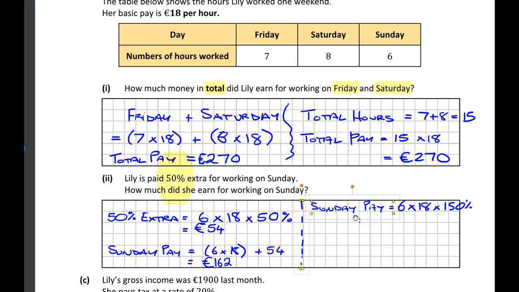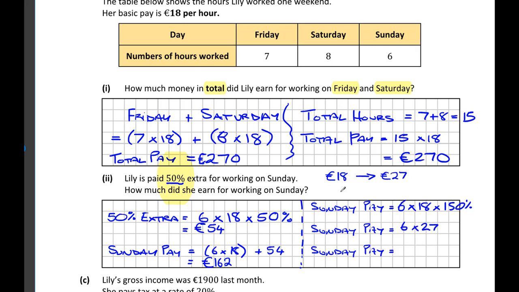All right, the other way to do it, I'm going to show you 2 more ways perhaps. Another way, well, it's 50% extra. So if you're earning €18 per hour, what's 50% extra? Well, half of 18 is 9. So you're going from €18 an hour to €27 an hour, 9 more. So you could say it's 6 times 27.